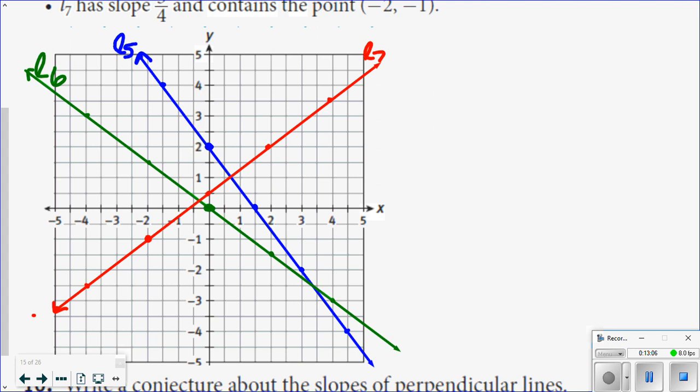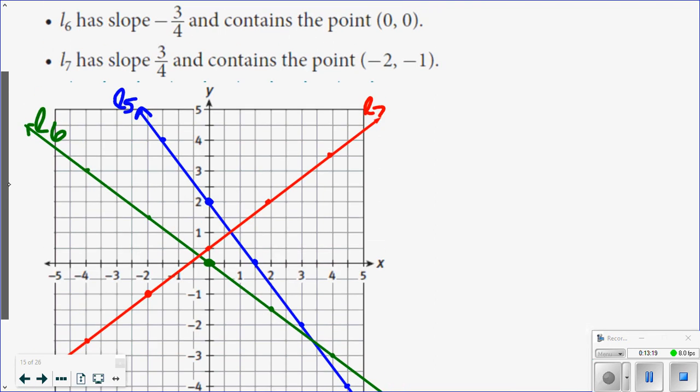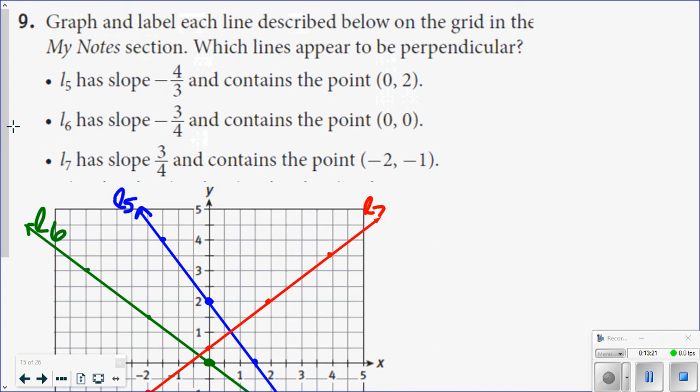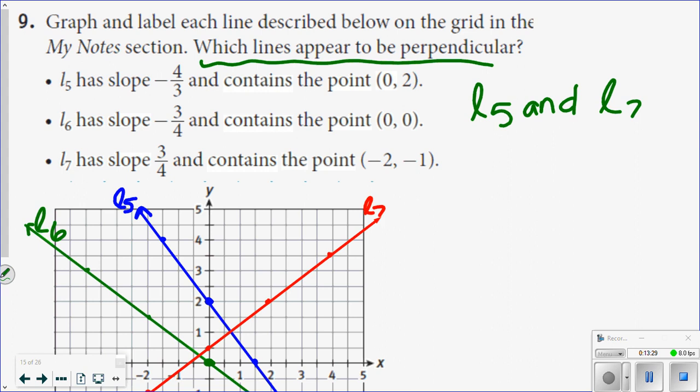To me, right now, it looks like line 6 and line 7, but on my paper, it looks like line 5 and line 7. So this is why I don't love this question in the book, because it is really tricky. Okay, so the correct answer for number 9 is line 5 and line 7.